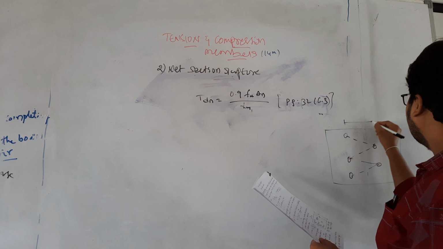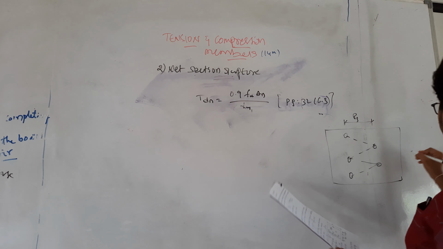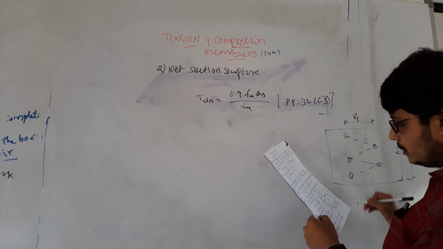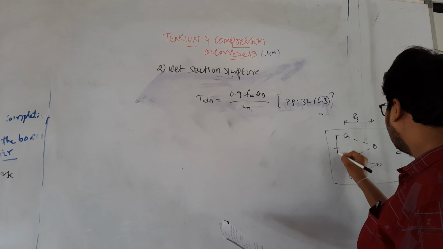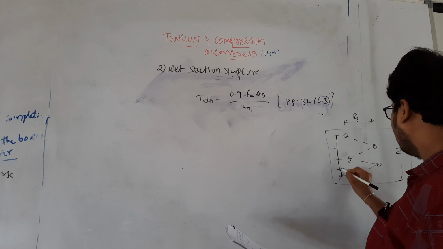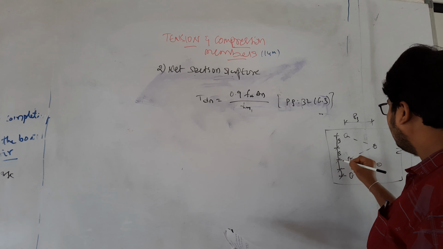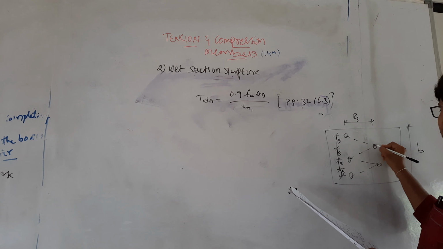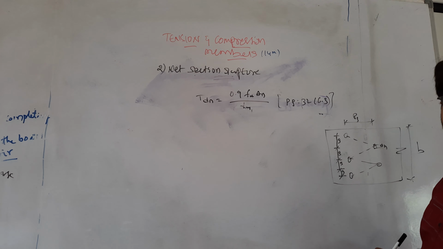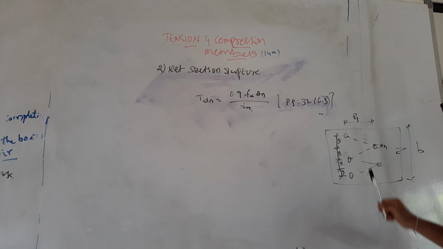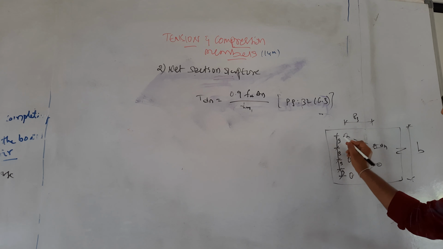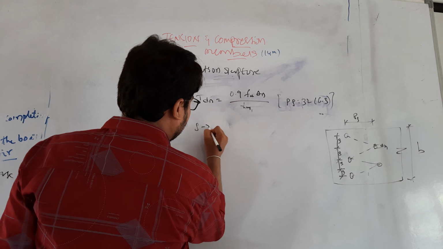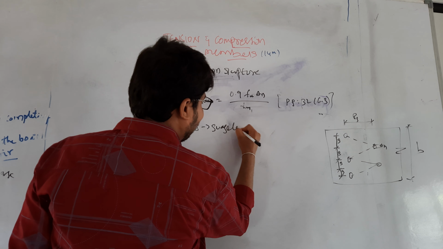We have these types of bolts. This is the center to center distance g, and this is the diameter of the hole or bolt. So g is nothing but the gauge length.